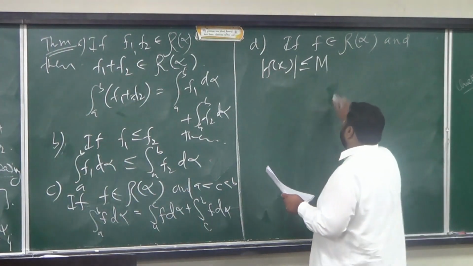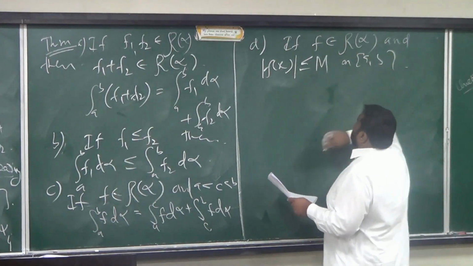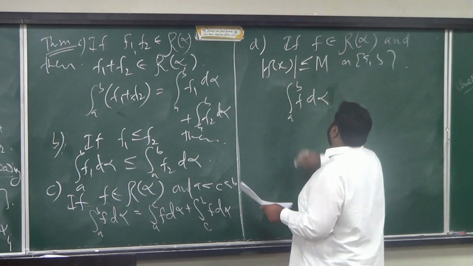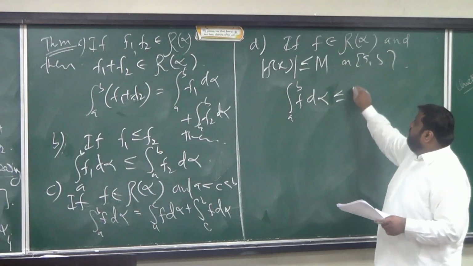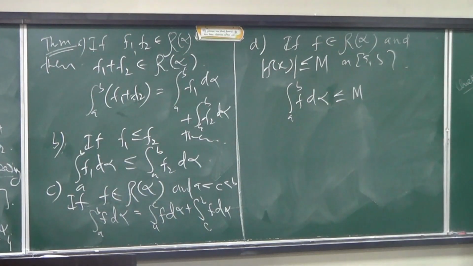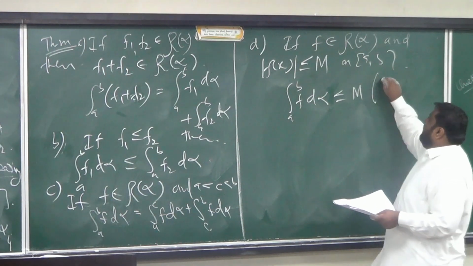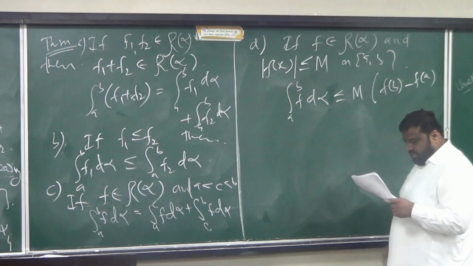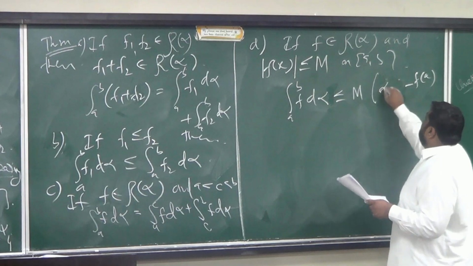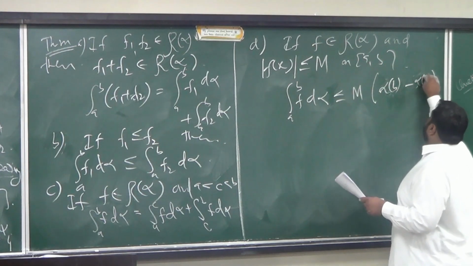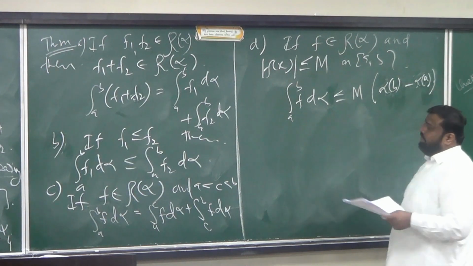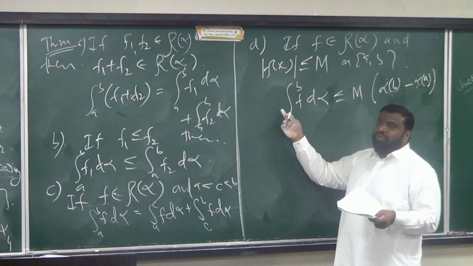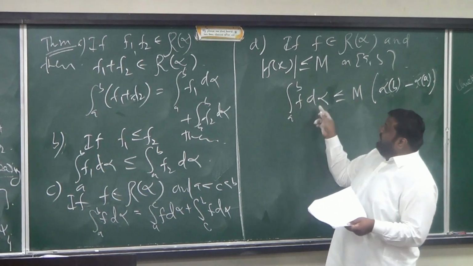And we can prove that if this is the case, then the integral from a to b of f d alpha is less than or equal to m times (alpha of b minus alpha of a). Since |f(x)| is less than or equal to m, you can pull this out of the integral, and then you need to integrate d alpha from a to b.